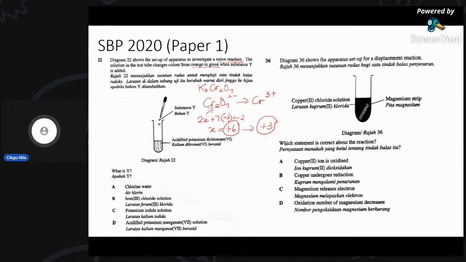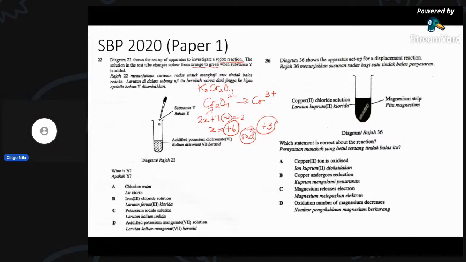If you want to define whether a reaction is a reduction or an oxidation reaction, you have 4 methods to identify them. One, in terms of oxygen, whether they gain or lose oxygen. Second, whether they gain or lose hydrogen. Third, you can look at their oxidation number. If the oxidation number reduces, then it is a reduction reaction.